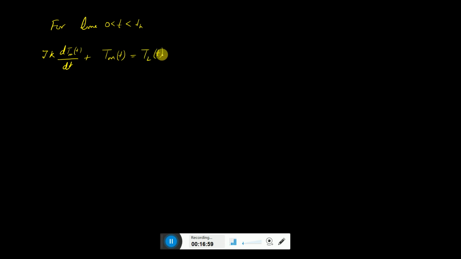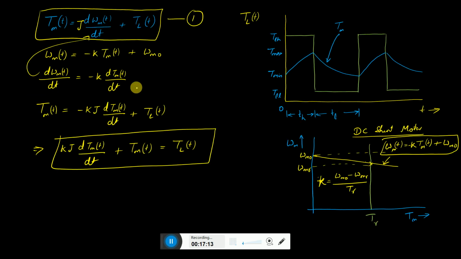So instead of writing TL(t), we can write that at this time the load is TLH. Now the solution is Tm(t) is equal to the initial value, which in this waveform is T minimum. So T minimum is the initial value.